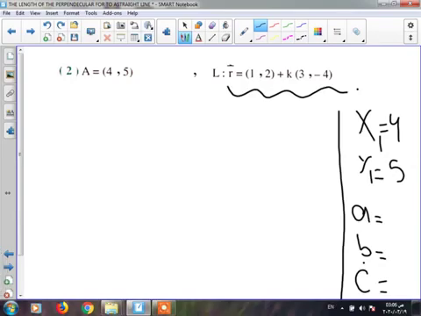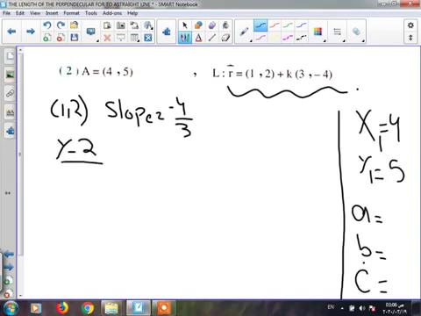Let's remember together how we can change the equation of a straight line from vector into Cartesian. Here we have the point 1 and 2, and your slope is -4 over 3. The equation is going to be y minus 2 over x minus 1 equals the slope, -4 over 3.